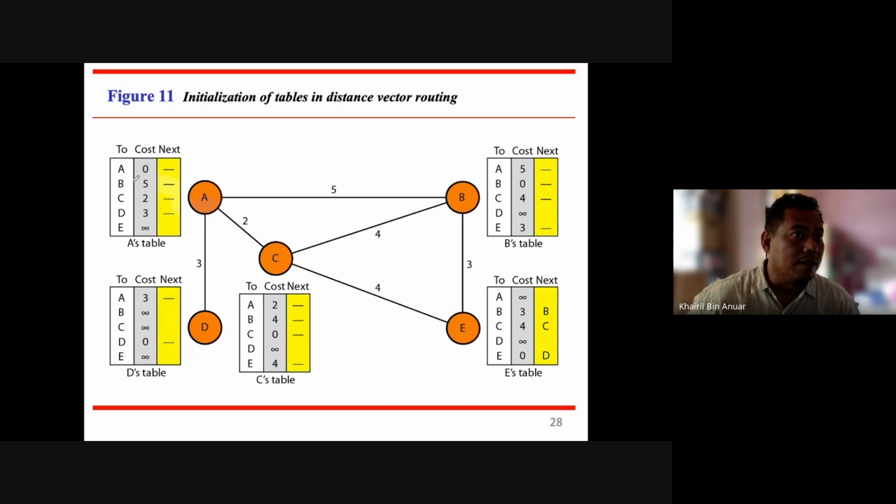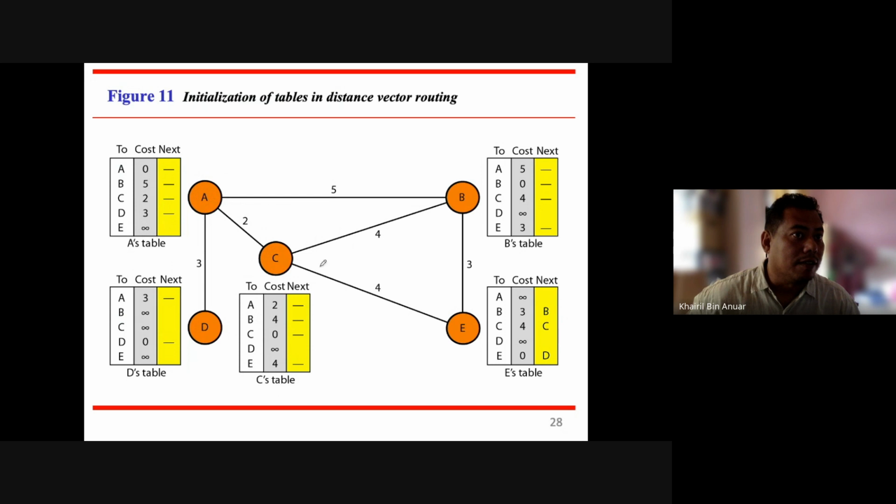So for router A, here, it's directly attached to B, C, and D. So it already knows all the information with respect to A, B, C, and D, except for E. That is why it says the cost is infinity, because it doesn't know yet what the cost will be there. So you will have the initial table as such.